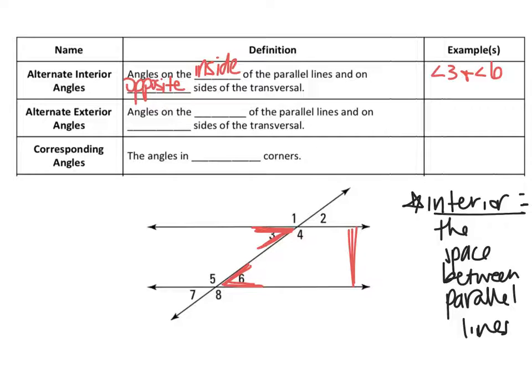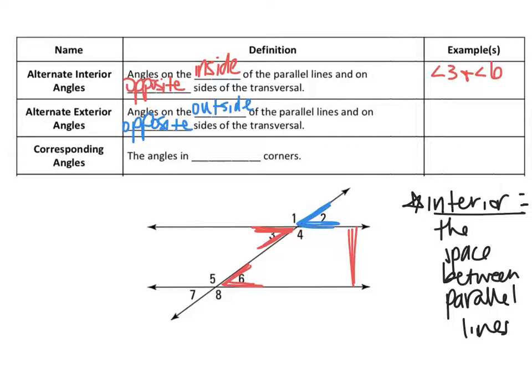Alternate exterior angles would be angles that are on the outside of the parallel lines and on opposite sides of the transversal. So if we take a look, for example, at angle 2, it is on the outside of the parallel lines.